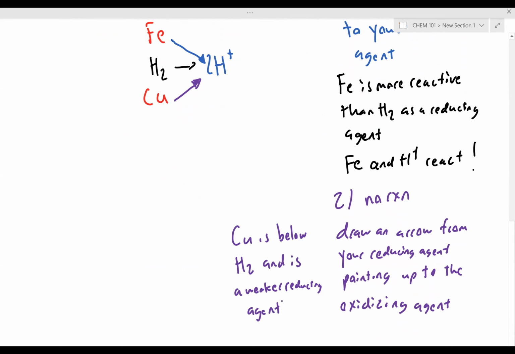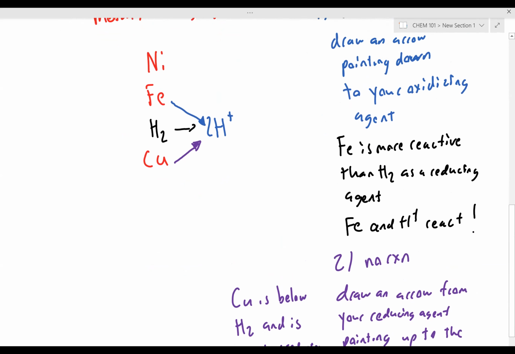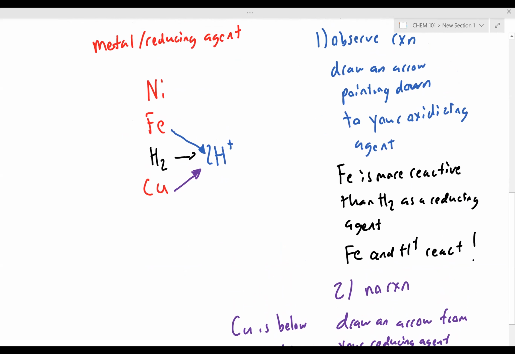Okay. So the reason why we have you run so many different reactions is because you're comparing the relative reactivity of each metal and metal ion.